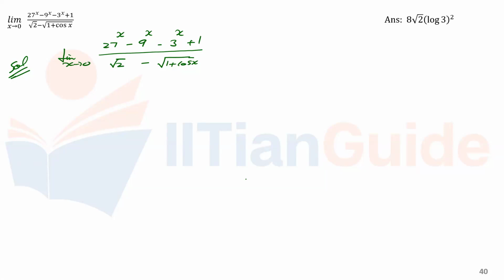Anyway, we can apply a formula that we know. We have the formula, limits e power x minus 1 by x, that I told you, but I didn't tell you this formula. This is also a formula of a power x minus 1 by x, that is log a base e.